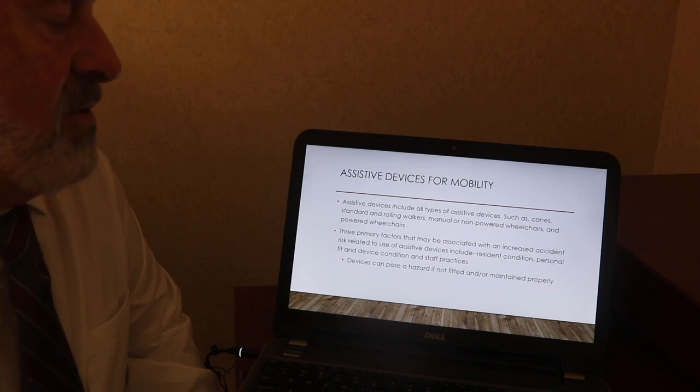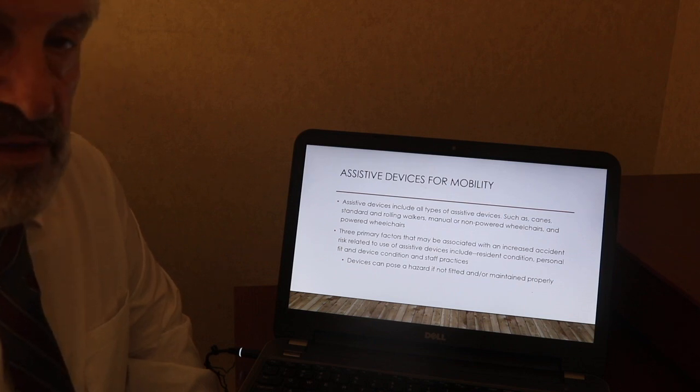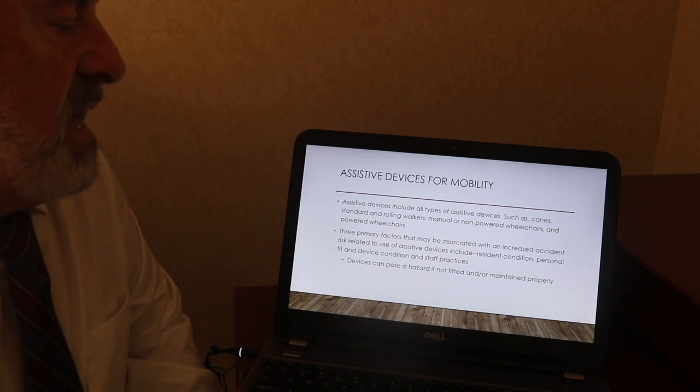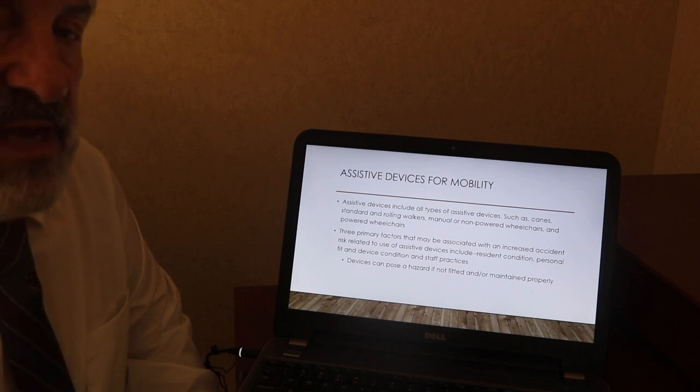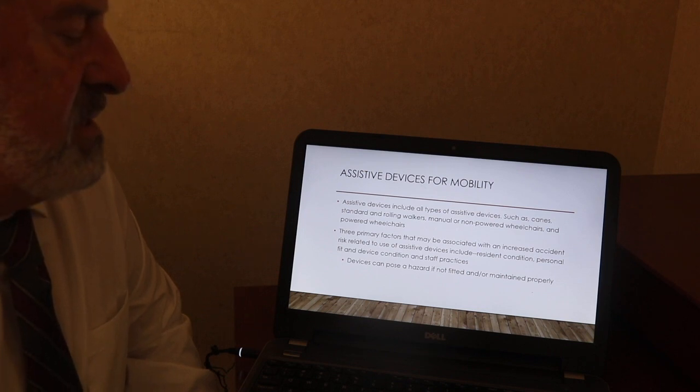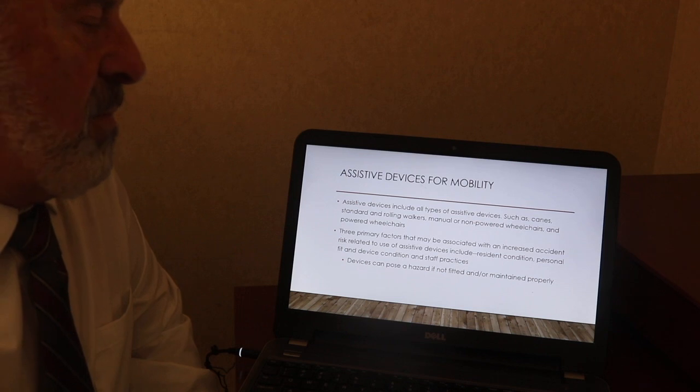Three primary factors that may be associated with an increased accident risk related to the use of assistive devices include the resident's condition, personal fit and device condition, and the staff practices. Devices can pose a hazard if not fitted and or maintained properly.